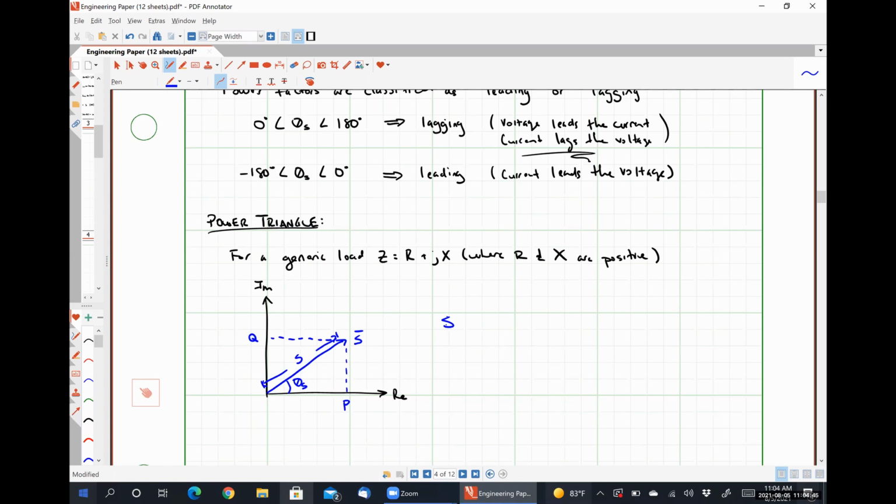This comes from S is equal to V times I conjugate, which we know is P plus jQ, or S angle theta s. So I'm reinforcing this bit with the math here because I want to make it clear to you guys this is really the only mathematical operation that is required that you know how to do.